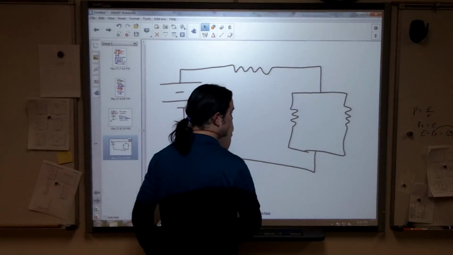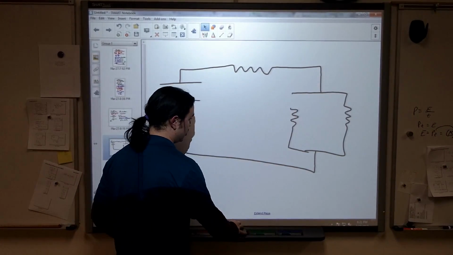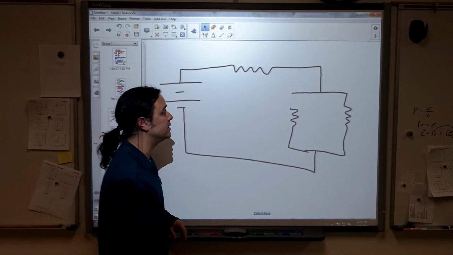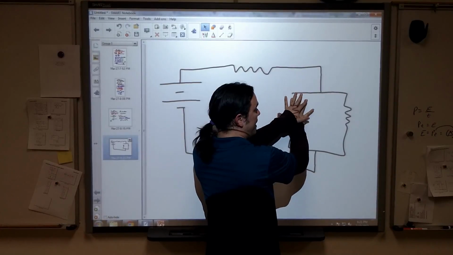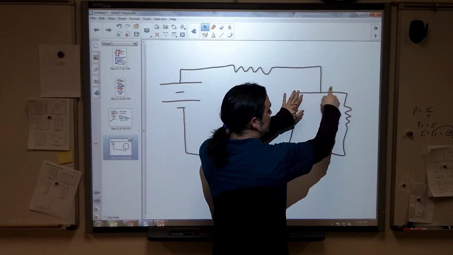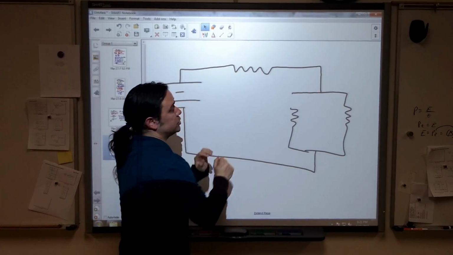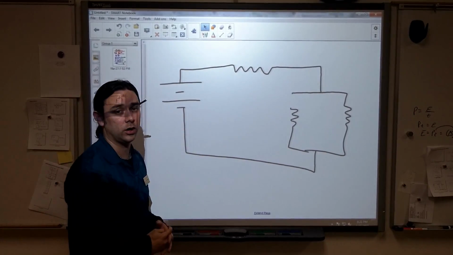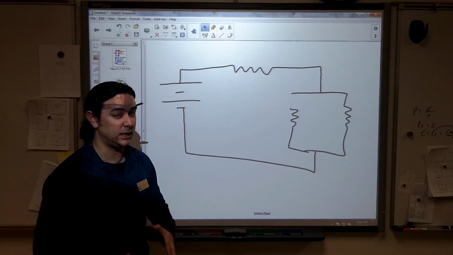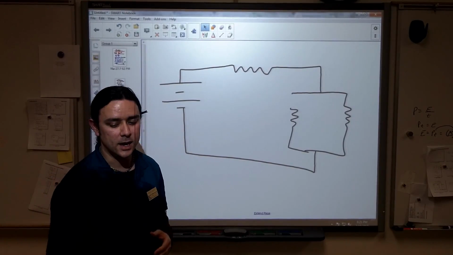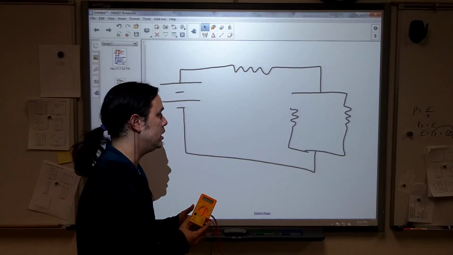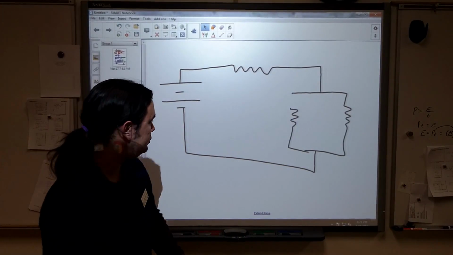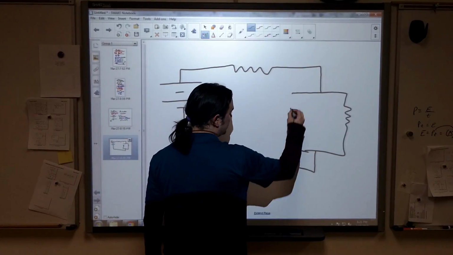If I were to, for instance, remove one of the resistors, it will completely change the total amount of current coming out of the battery because I'm now closing off one of the paths that we have, and it changes the equivalent resistance here, which changes the total resistance of the circuit, which in turn will change the total amount of current coming out. These changes can make huge problems, which means if you don't hook up the equipment right, you might accidentally be changing the circuit. So here's what we really need.